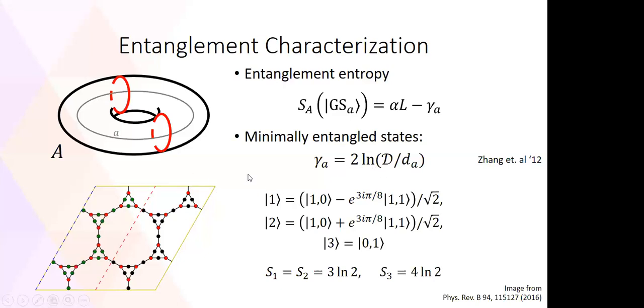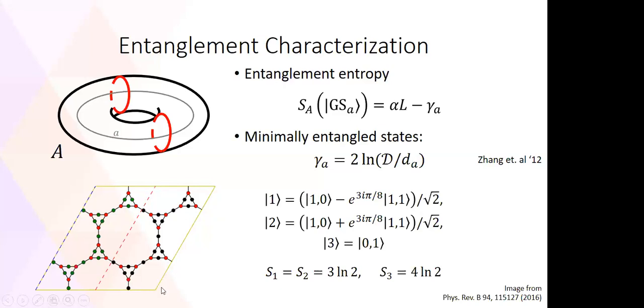So in this system, we have threefold degeneracy, and we can look at the three minimally entangled states. These will be these three, labeled here 1, 2, 3. This just relates to which topological sector you're looking at. These states are found by minimizing this on the rather small 2x2 Fisher lattice model.